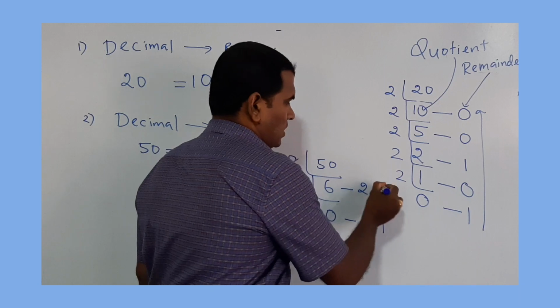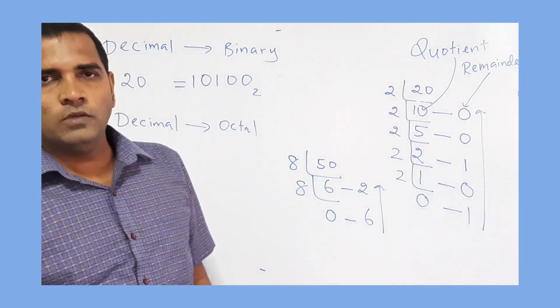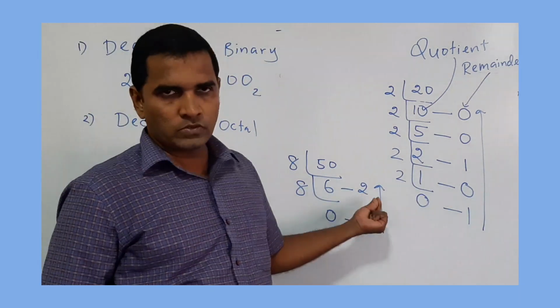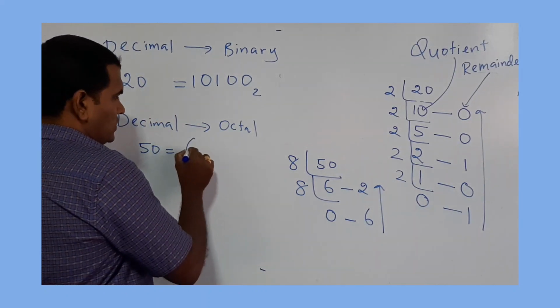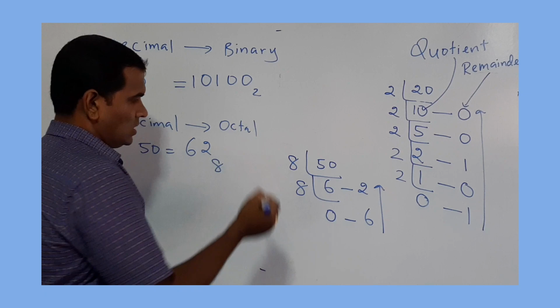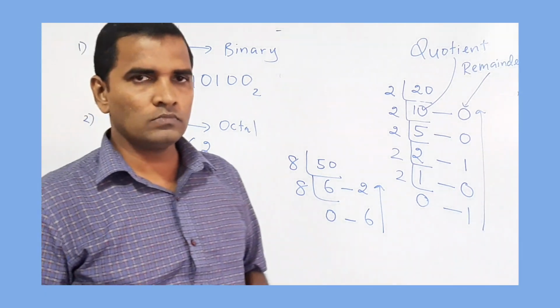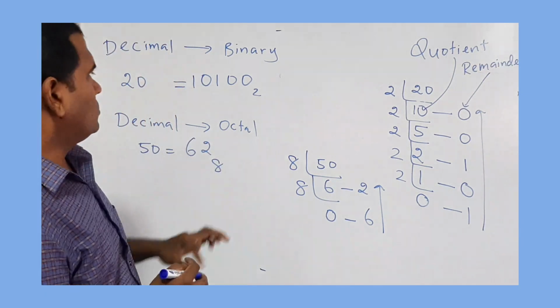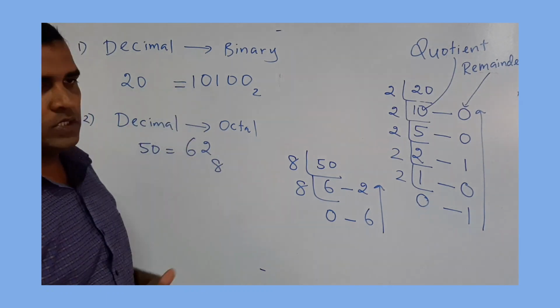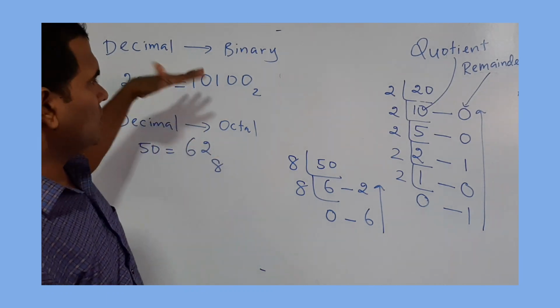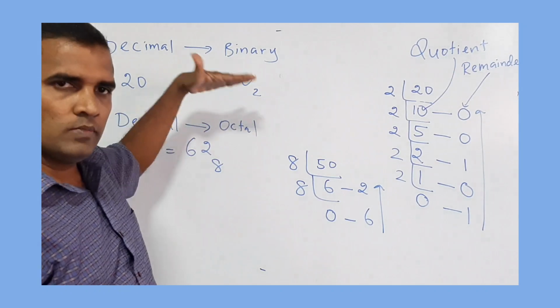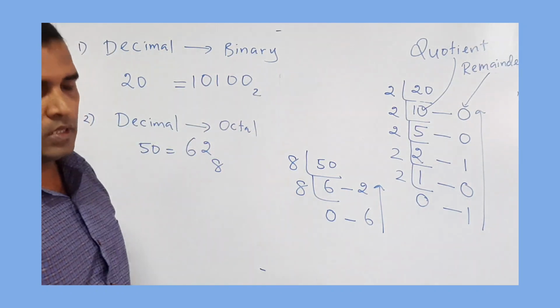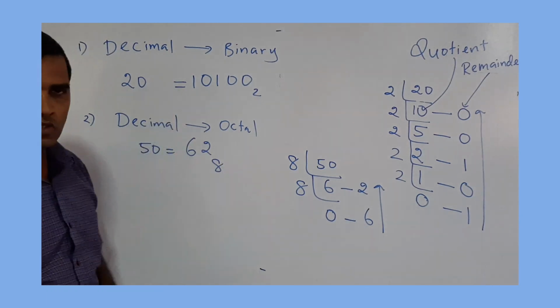So stop it and get your remainders from bottom to top. So here 50 is equal to 62 base 8. So these are the first two conversions. Both of them have similar approaches and similar methods. Hope you understood both of them.